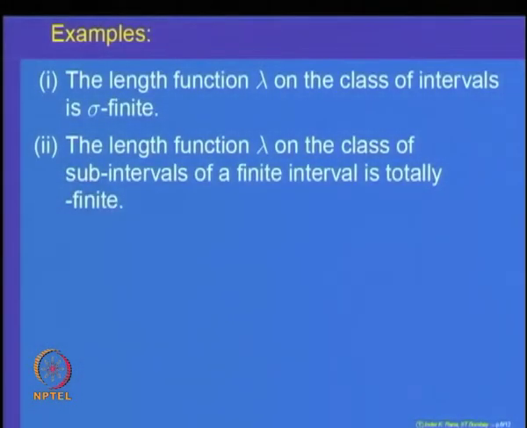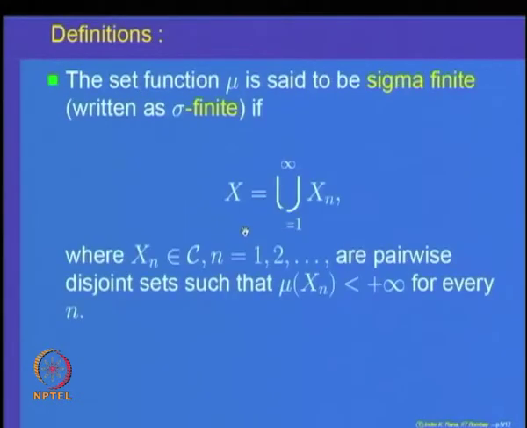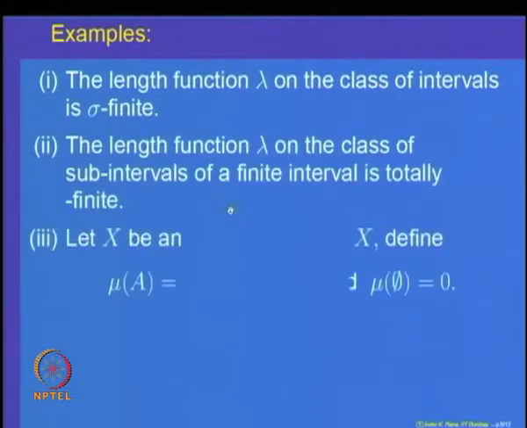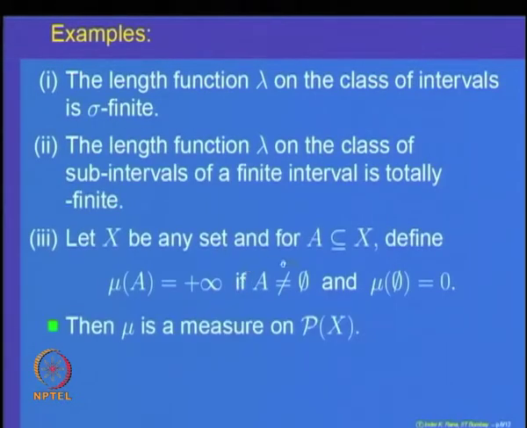Let us look at another example of a set function which is not sigma finite. Let X be any set, and for any subset A of X, let us define mu of A to be equal to plus infinity if A is non-empty, and mu of the empty set to be equal to 0.